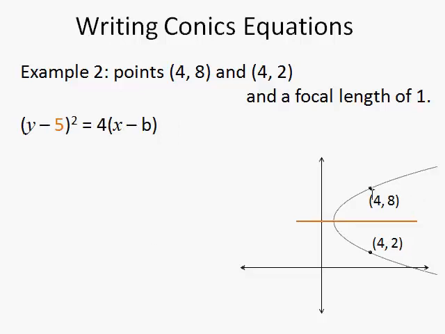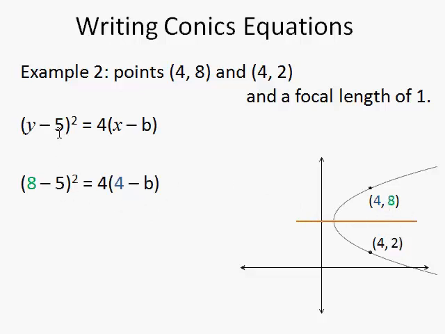And we can use symmetry because the perpendicular bisector of 2 points on opposite sides will run through the vertex. So we don't know what the vertex is, but we do know that its y value is 5, because this is the line y is equal to 5, halfway between 2 and 8.